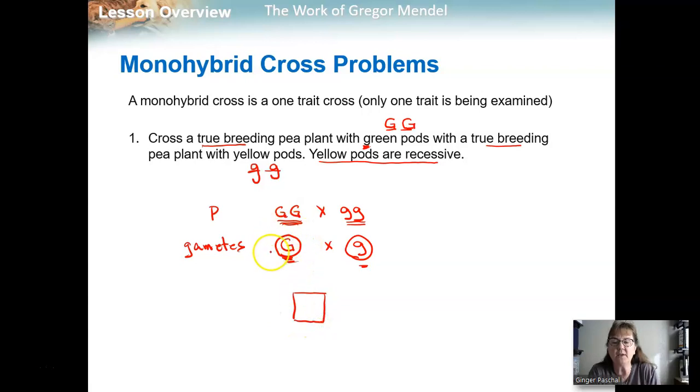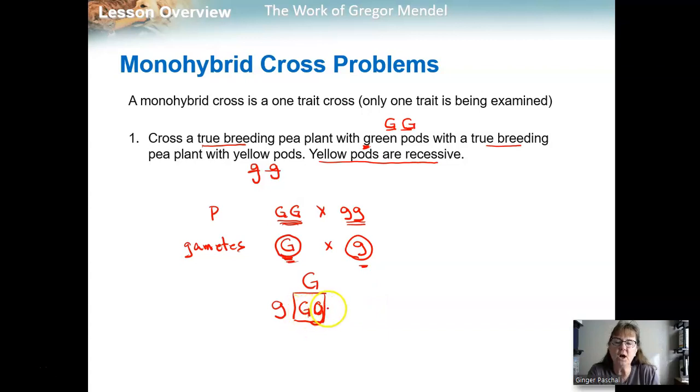So we take all of the gametes from this individual, which are 1, we put those gametes at the top of each column, and we take all of the gametes from this individual, which are 1, and we put them on the rows, and we fill this in just like a multiplication table.